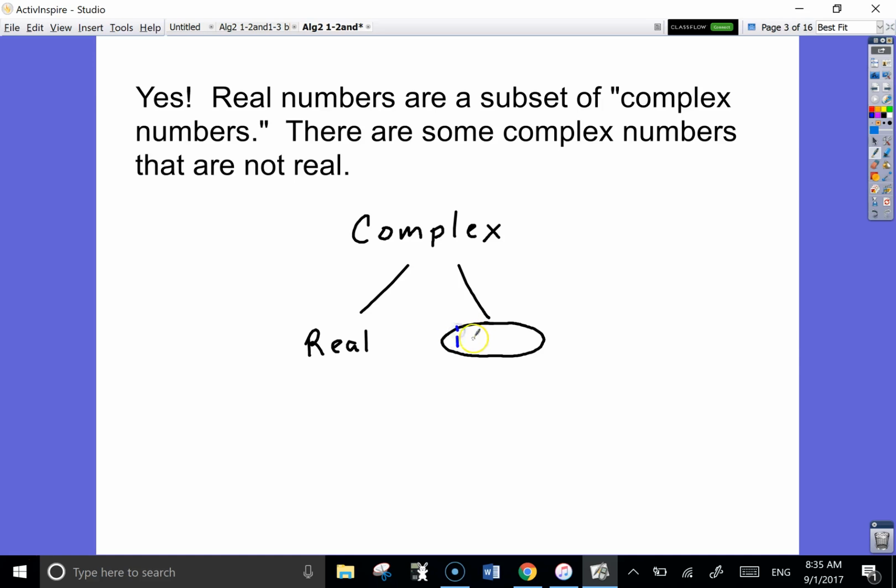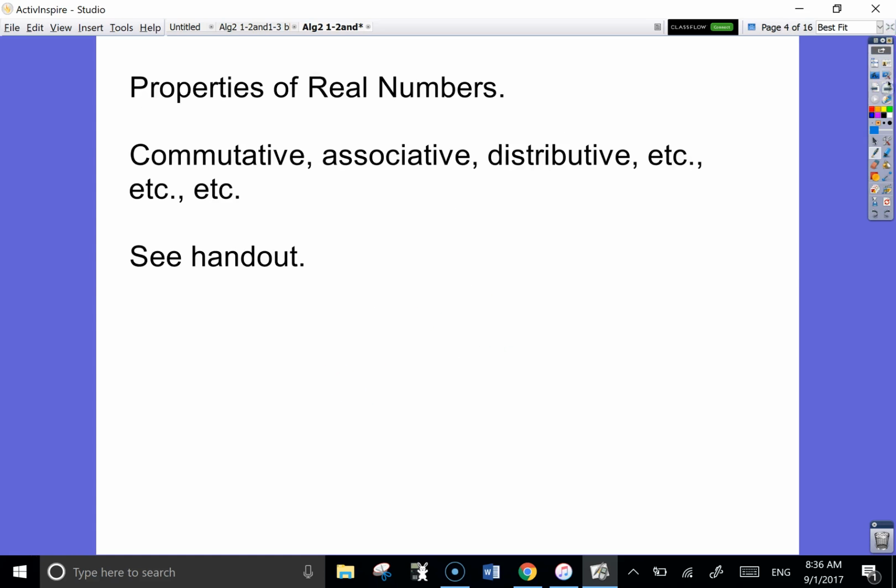They will blow your mind when we get to them, but they are called imaginary. So imaginary numbers are not real numbers, and the real numbers plus the imaginary numbers make up the complex numbers. So there is a bigger set of numbers than real numbers, but most of what we just did falls under the real numbers. So, properties of real numbers.